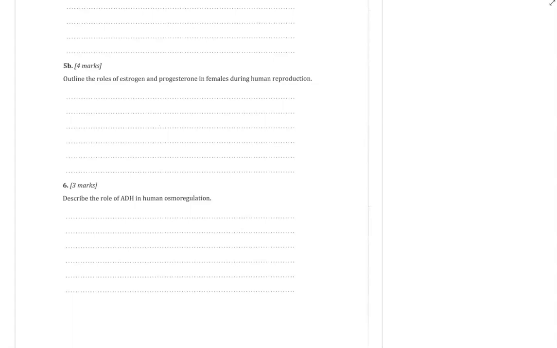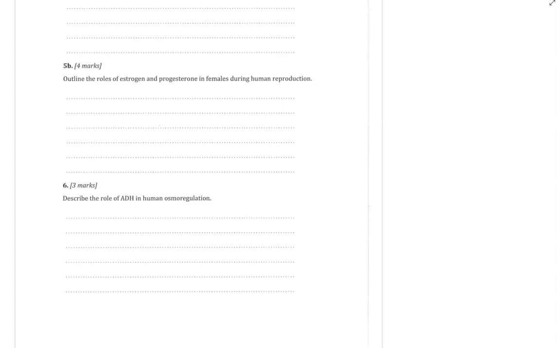They both inhibit FSH and LH, and progesterone helps to maintain the pregnancy by maintaining the uterine lining. A fall in progesterone will lead to contractions in childbirth. You can talk about them both being there in the development of female reproductive organs and secondary sexual characteristics as well. Okay.